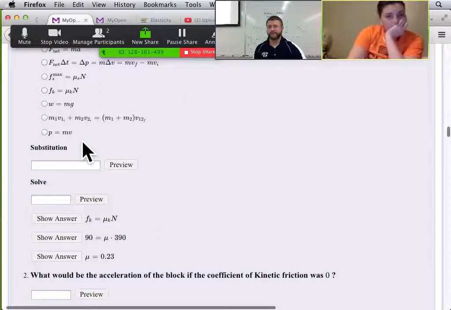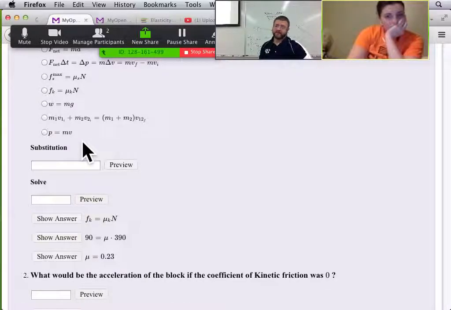Because it says what would the acceleration of the block be if the coefficient of kinetic friction was... If the coefficient of kinetic friction is 0, what happens to the friction? Well, mine isn't. It's 0.05. So what happens to friction if it's 0?